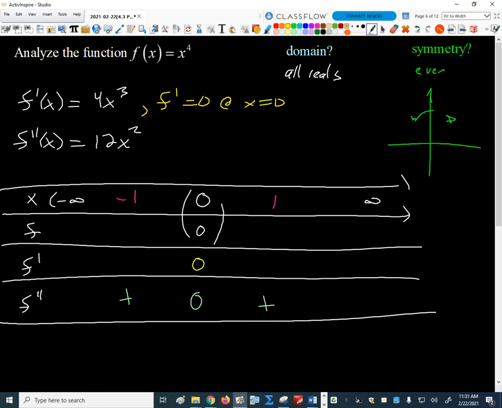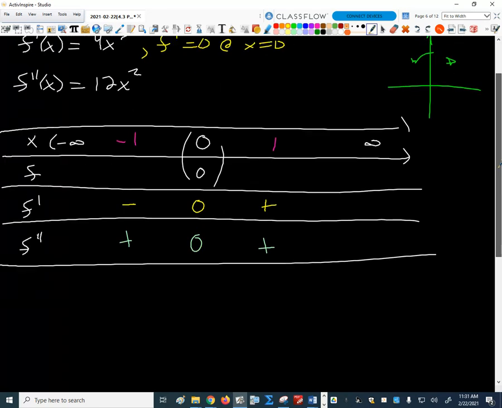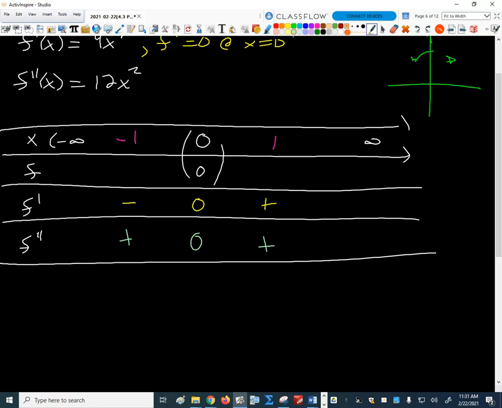If I evaluate the function at -1, the first derivative is negative. If I evaluate it at +1, the first derivative is positive. So we can see here that this is definitely a minimum, isn't it? I'm going from decreasing to increasing. So it's a minimum, right?